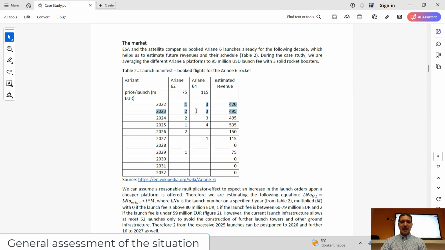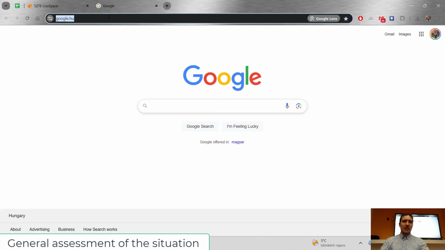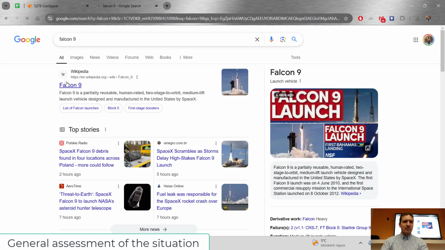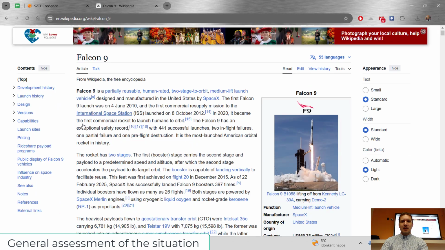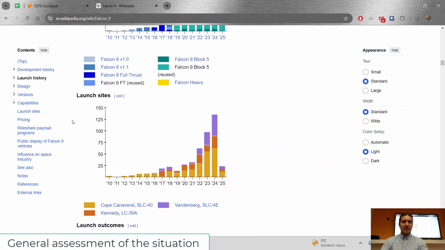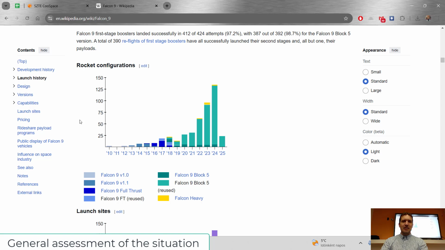So I can say that such an order number can be real, because if they are just Googling Falcon 9, Wikipedia is coming up, and then there should be somewhere the launch sites, whatever. So we can see that this is a scaling up operation.